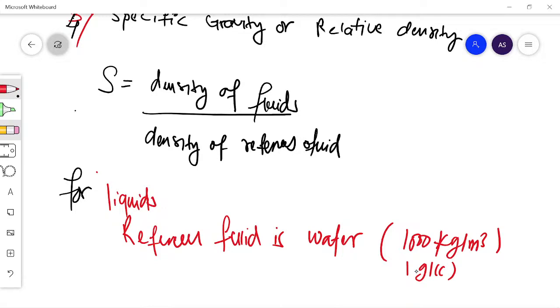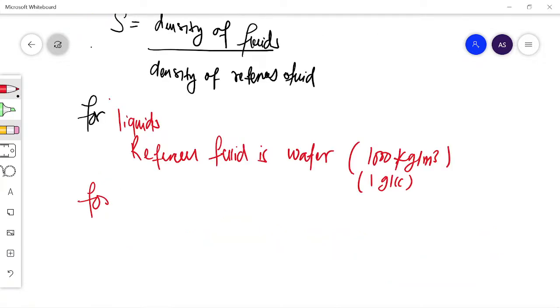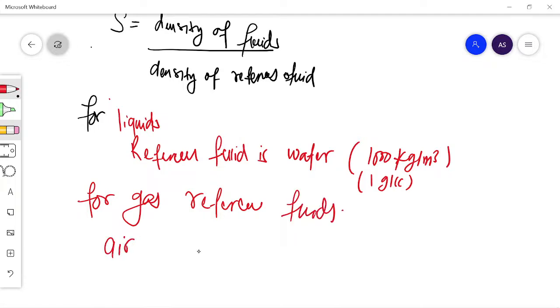This is in CGS unit, and the other is in SI unit. And for gas, the reference fluid is air here. Density is 1.